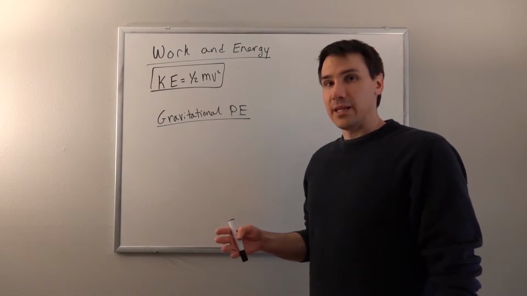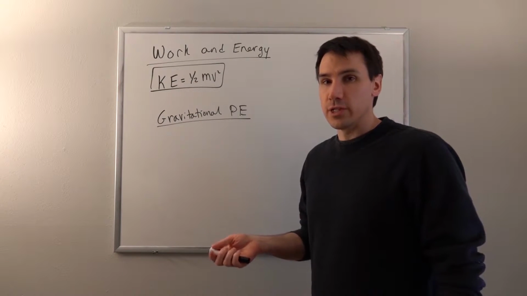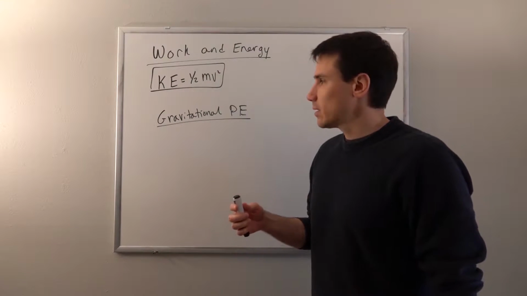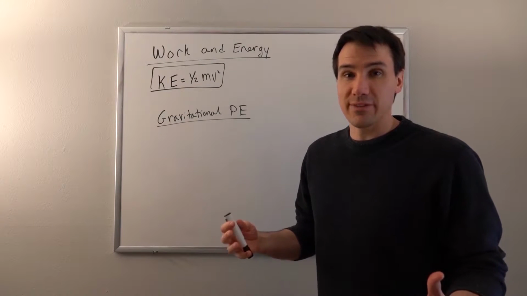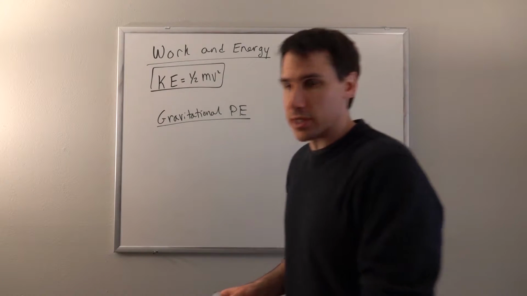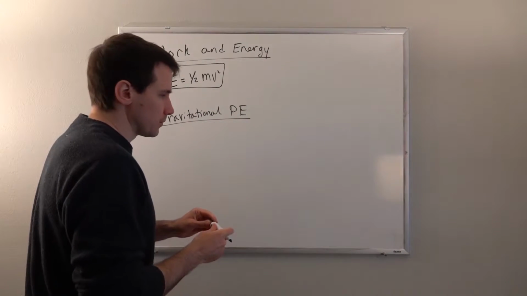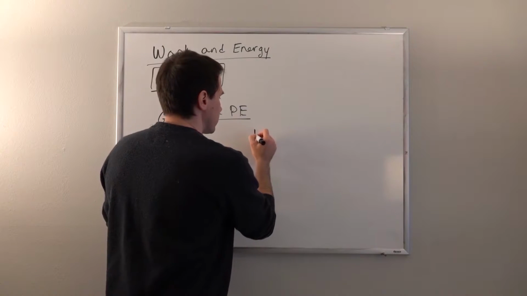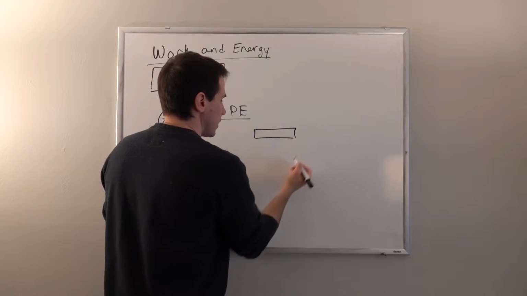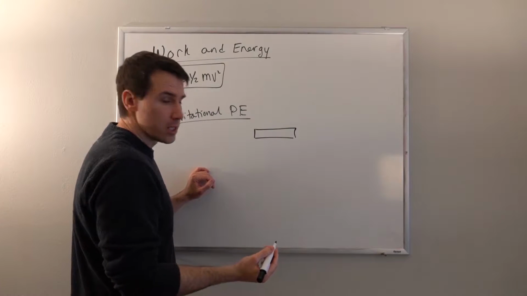In order to calculate the amount of potential energy that could be stored in an object, let's consider how much work gravity does when we drop an object. So, let's imagine that I have a pen and I drop the pen.